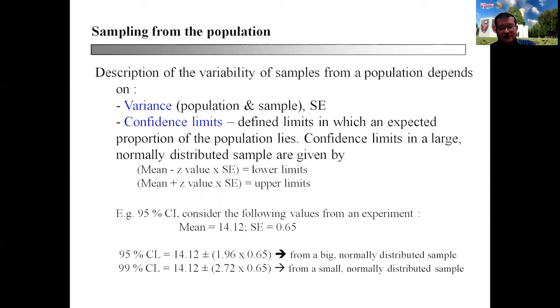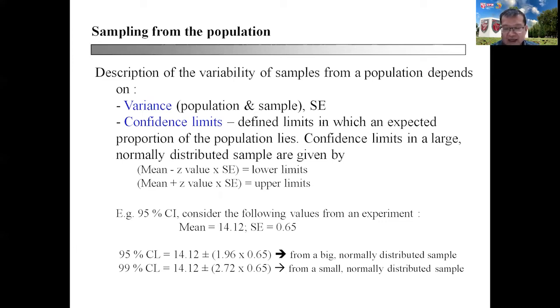based on a 95% confidence interval, consider the following values from an experiment where the mean is 14.12 and the standard error is 0.65. So how do you calculate the upper limit? The upper limit will then be the mean itself, 14.12, plus 1.96, which is the Z-score for 95% confidence level, multiplied by the standard error, 0.65.